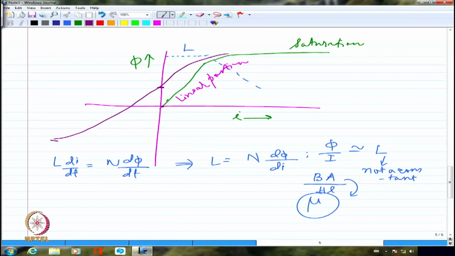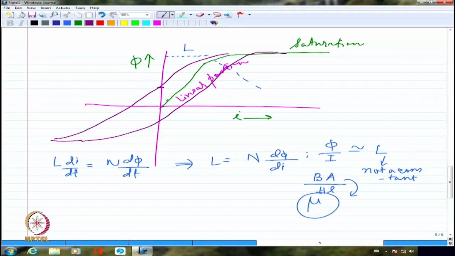And then it will reach saturation on the other side when I sufficiently increase the current. Then it is again going to go through the same kind of movement when I try to increase it from minus 10 ampere to plus 10 ampere. So the variation in the flux is always left behind as compared to the variation in the current, which is known as the hysteresis property of the iron.